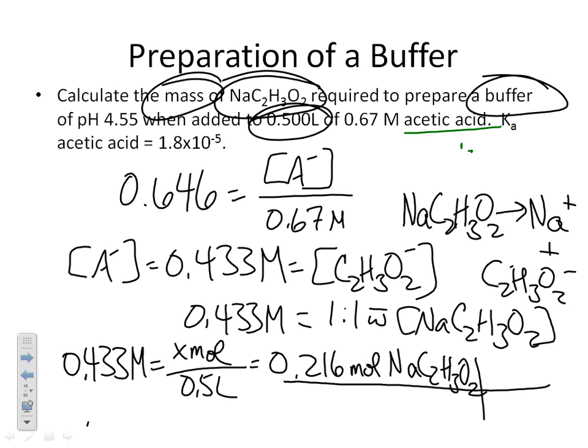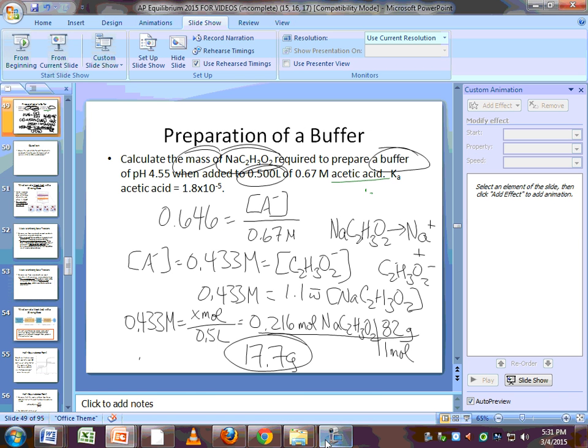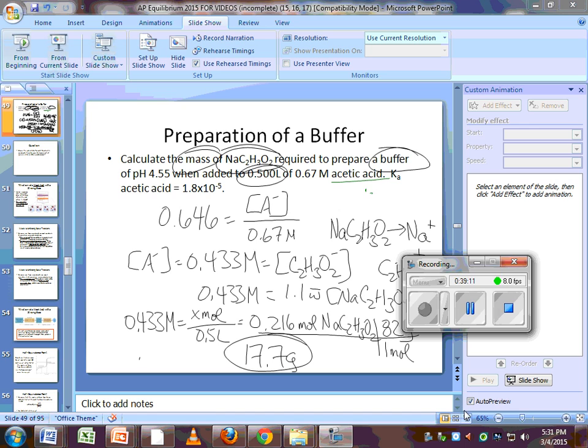Turn the moles of sodium acetate into grams of sodium acetate via gram formula mass, which at this point should be easy as pie for us. And we get that we need 17.7 grams of that sodium acetate in order to create this buffer to these specifications. So that's just using the Henderson-Hasselbalch formula to make a buffer rather than determine the pH of one.